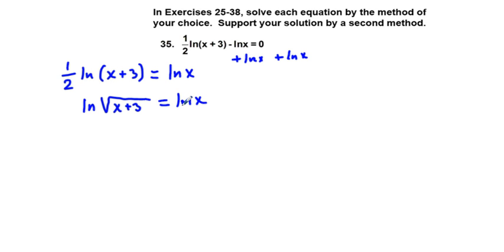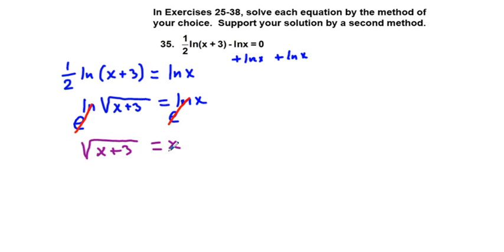Now next, we're going to get rid of our natural logarithm on both sides by taking e to the power of ln. So I'm putting this e just to the lower left of this ln. So e to the power of ln. Well, the e to the powers of are going to cancel each other out on each side of the equation. So what we're left with is the square root of this quantity x plus 3, and that's going to be equal to x.